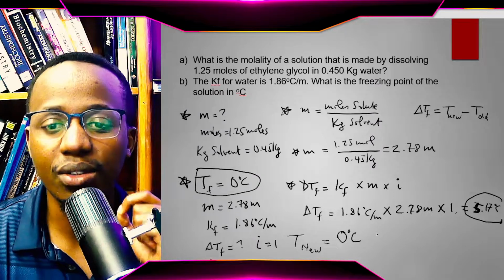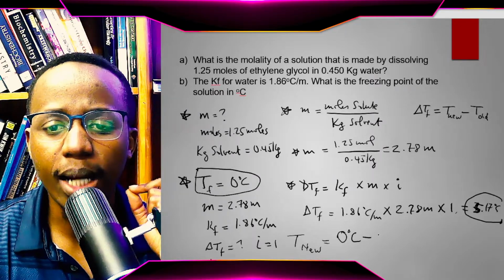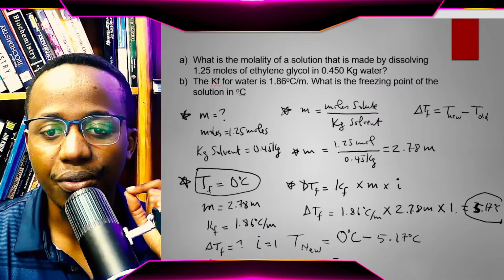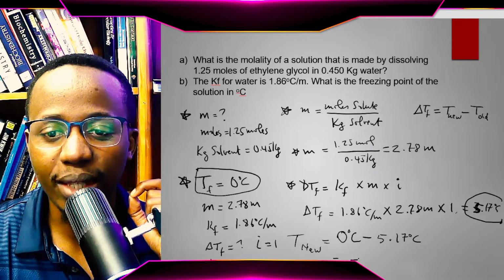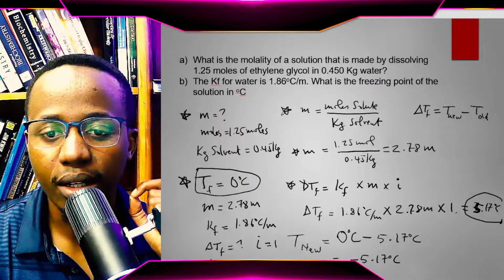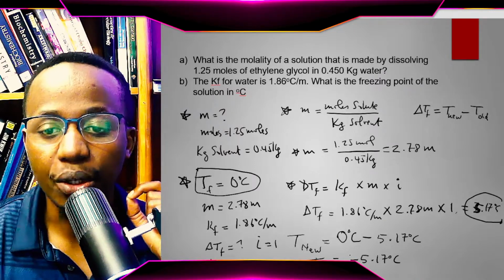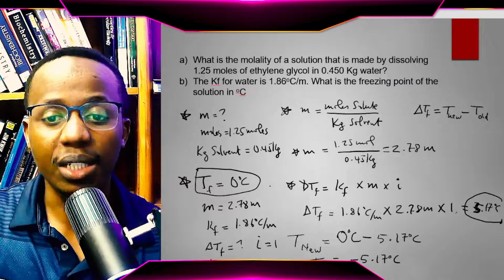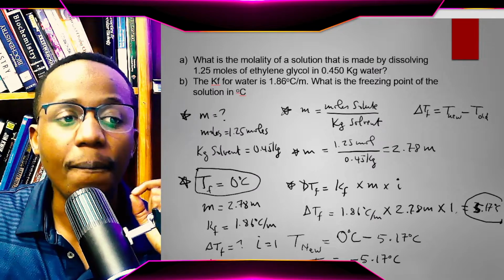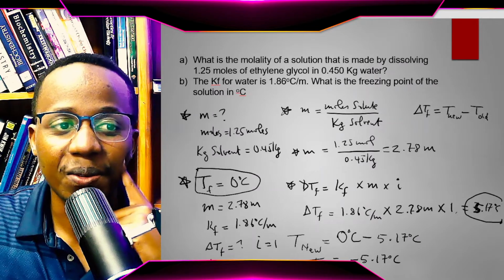So we're going to take the 0 degrees Celsius minus 5.17 degrees Celsius. So the new freezing temperature is going to be equal to negative 5.17 degrees Celsius, right? That's the answer, because the freezing point lowers, and it lowered by this much.